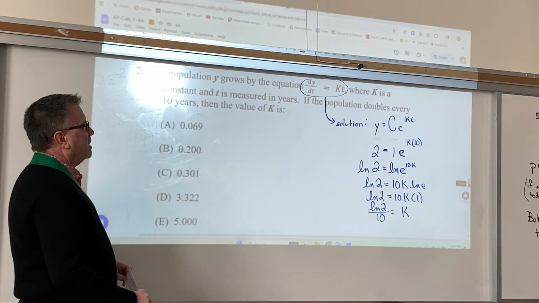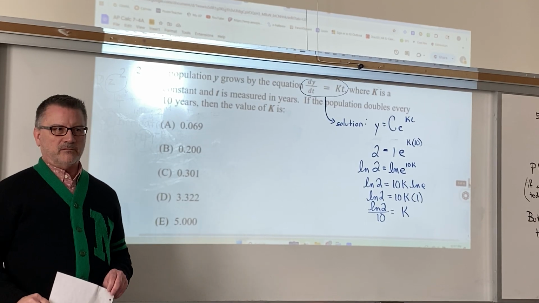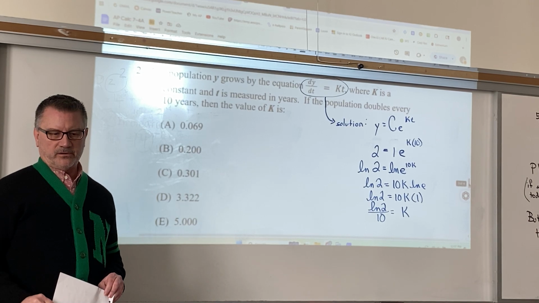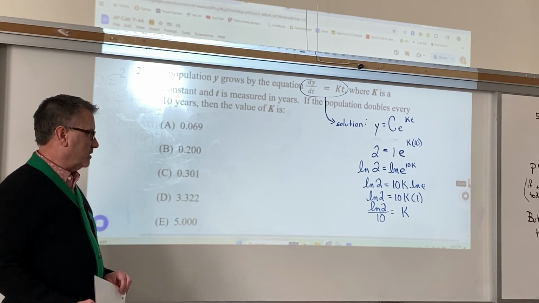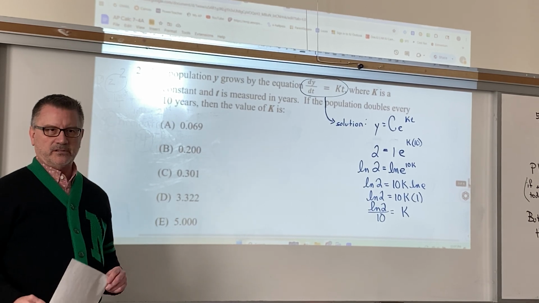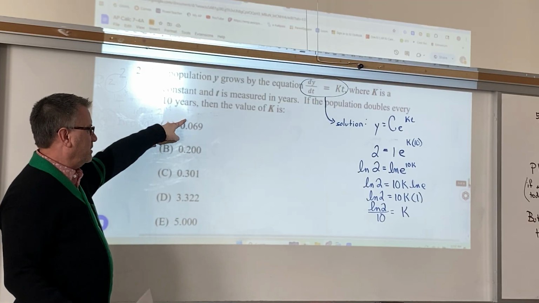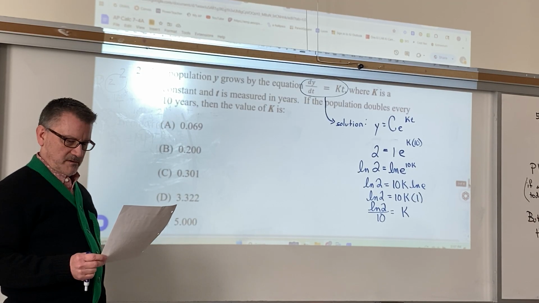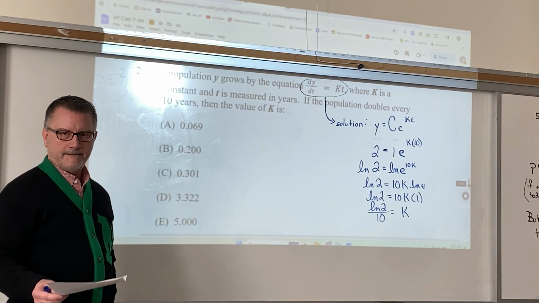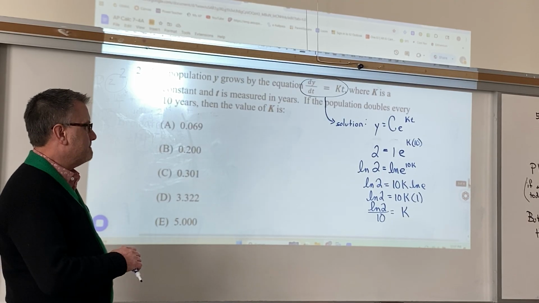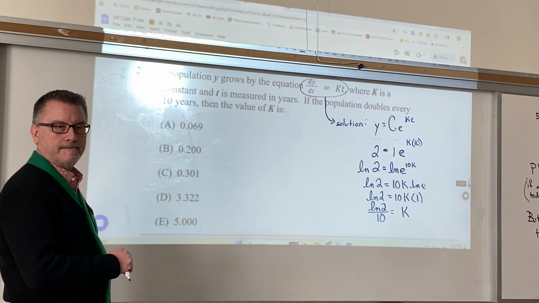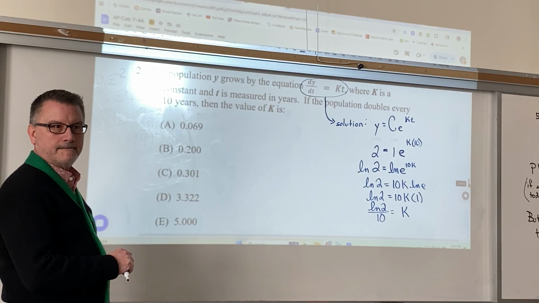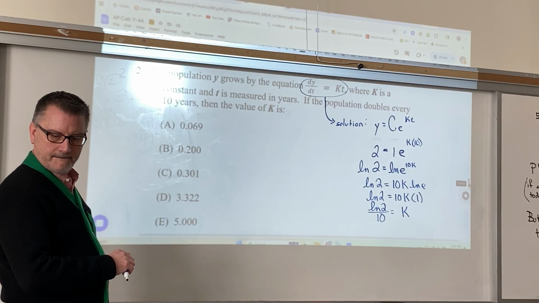So I'm thinking, obviously, this would have been on the computer part, or the calculator part. So what is the natural log of 2 divided by 10? Probably, you know, AP loves 3 decimal places. What'd you get? 0.03.